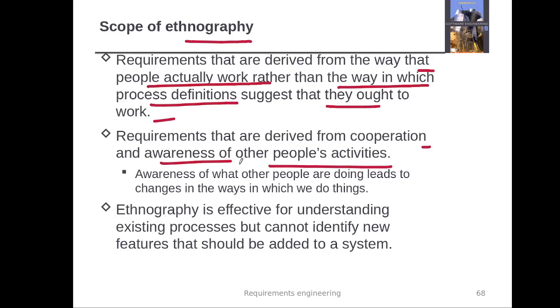Awareness of what other people are doing leads to changes in the way in which we do things. If others have completed 10 tasks and we have still completed only 2 tasks, we feel that we should also work more. Such things can be observed.